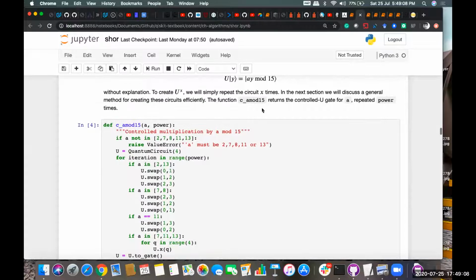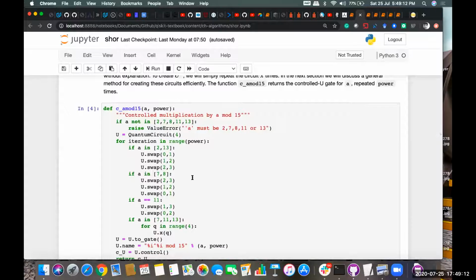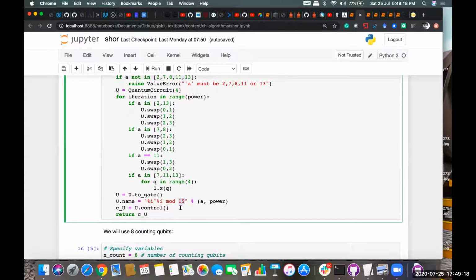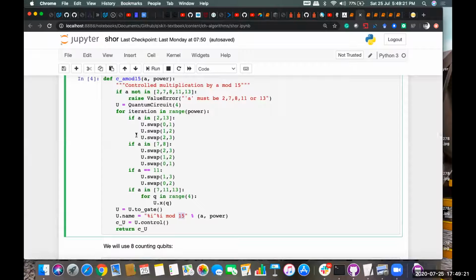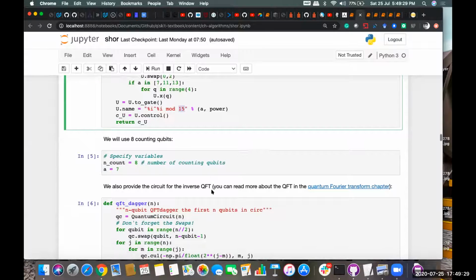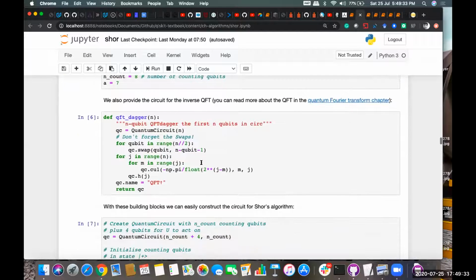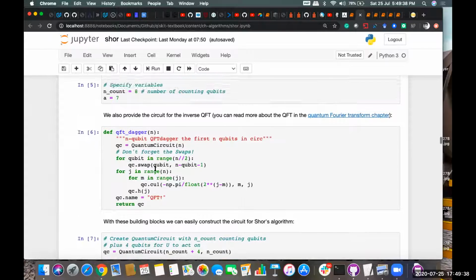This is the function given in the Qiskit notebook, C mod 15, which has been derived for calculating the controlled unitary, given the value of n is equal to 15, and you can see how the unitary operations are being performed, swapping the values, applying the X gate and all. Okay, fine. And then after that, applying the inverse quantum Fourier transformation.